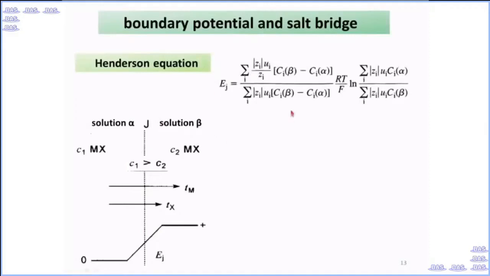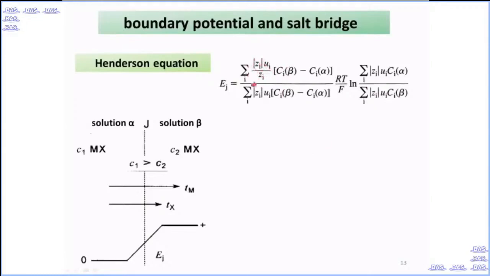This Henderson equation is a very complicated equation. Its meaning relates to the concentration of ion, the difference of mobility, and also the ion number.